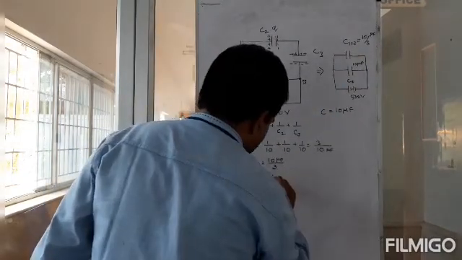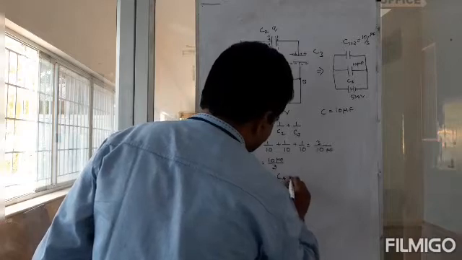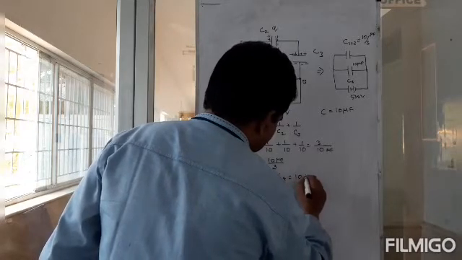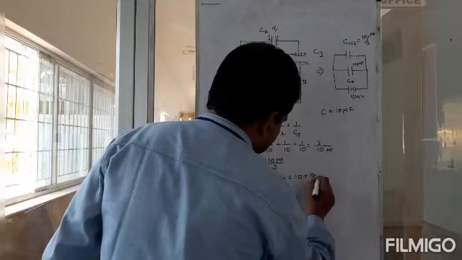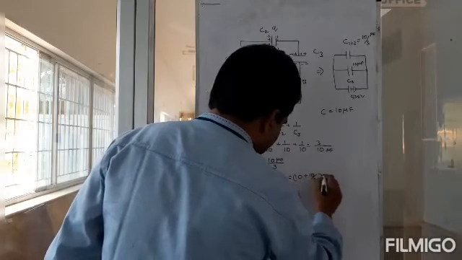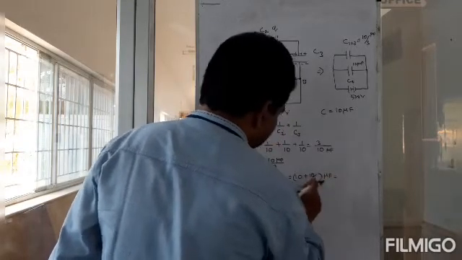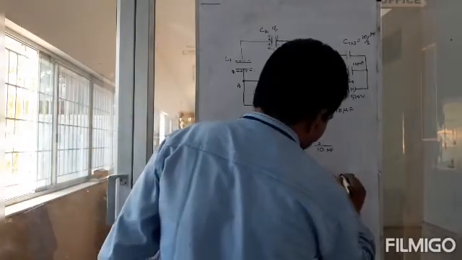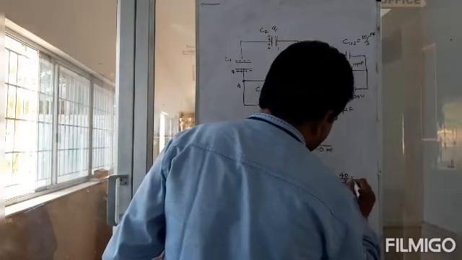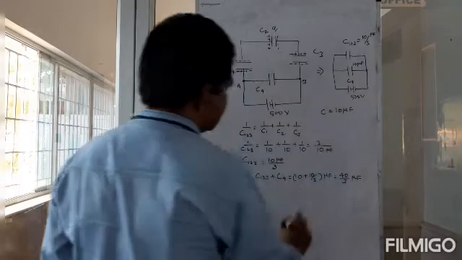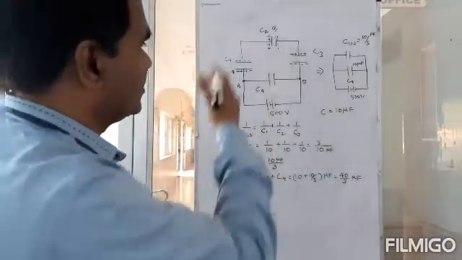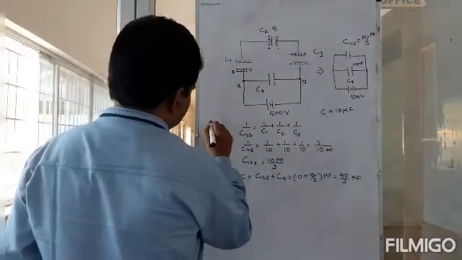So 10 plus 10 by 3 microfarad. So that will be 30 plus 10, 40 by 3 microfarad. So that is the effective capacitance of this circuit. So that is part A.